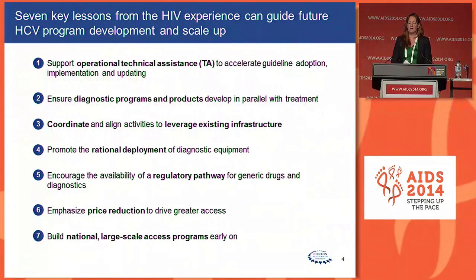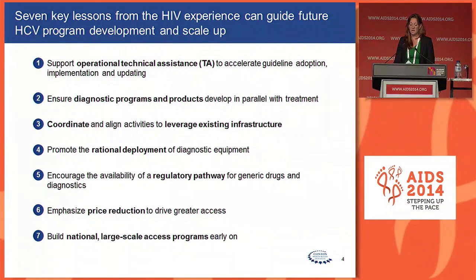So we think that there are seven key lessons that you can learn from the HIV experience to guide future hep C program development and scale-up. First, support operational technical assistance to accelerate guideline adoption, implementation, and updating. Two, ensure diagnostic programs and products develop in parallel with treatment.